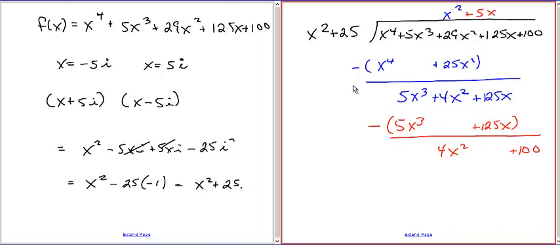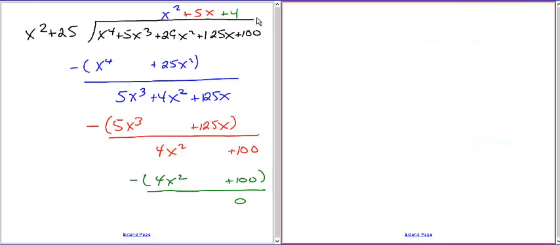And then finally, what do I need to multiply x squared by to get 4x squared? The answer is 4. 4 times x squared is 4x squared. There's no x term. Then 4 times 25 is 100. I subtract both terms. I've got 0. So I can take the equation here, x squared plus 5x plus 4, and see if I can factor that, which I can.